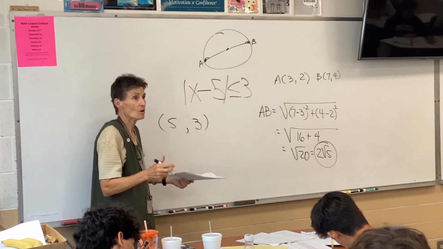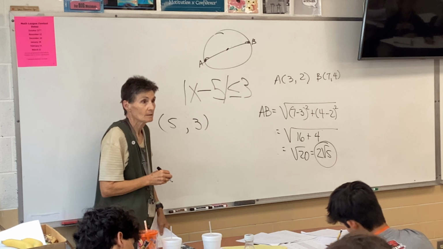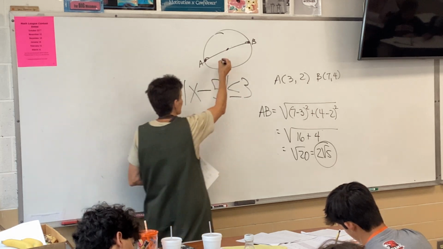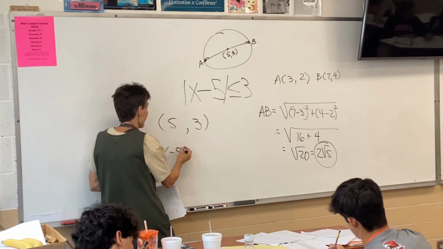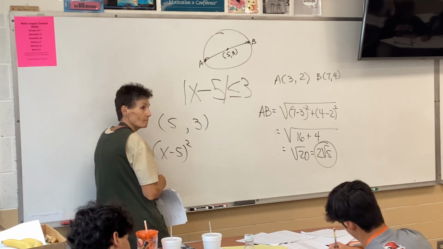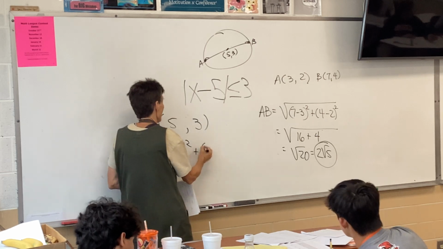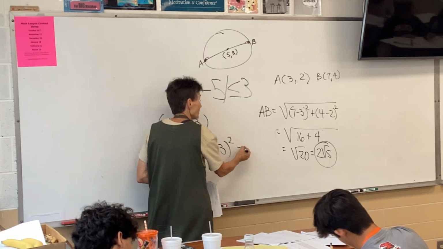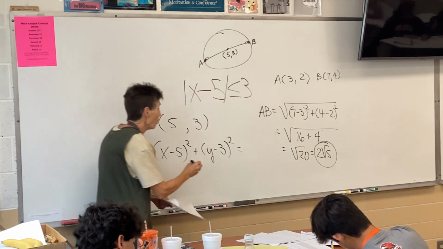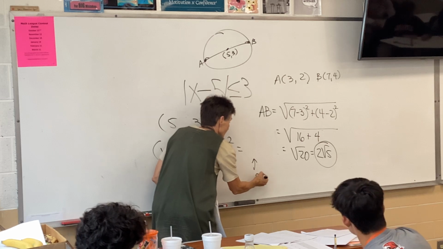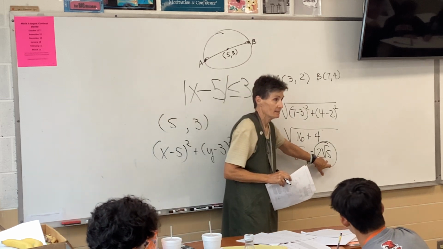And then C says, okay, now put it all together and write the equation. All right, so here's my center. So x minus 5 squared, right? Plus y minus 3 squared. Now, what has to go here? Radius. Now, what was this?